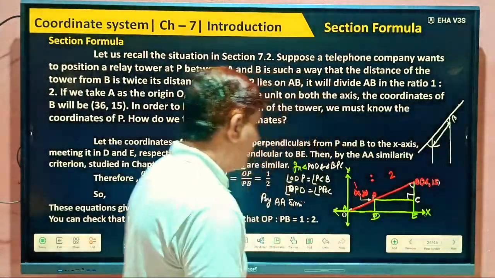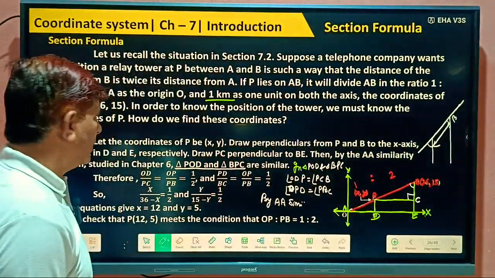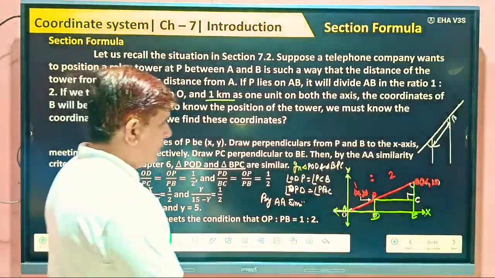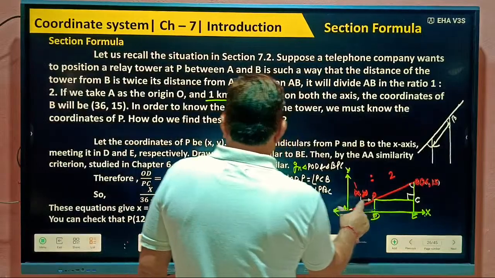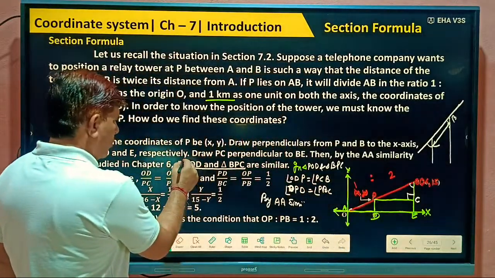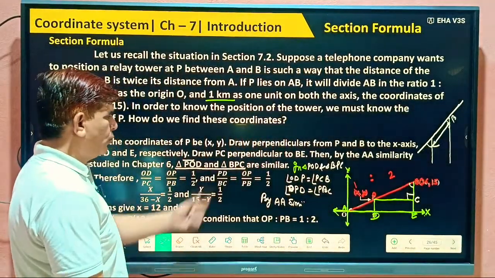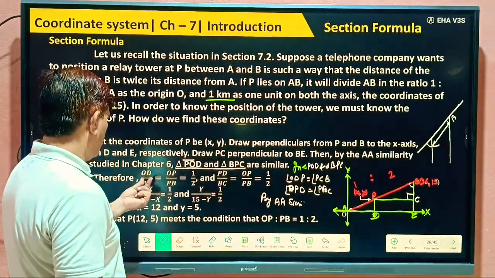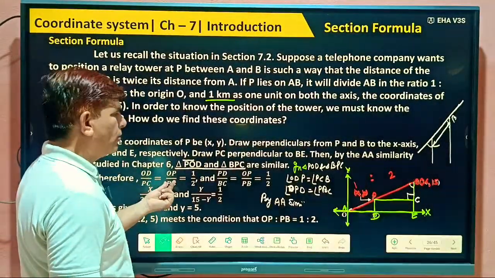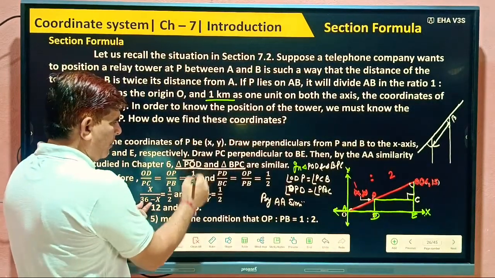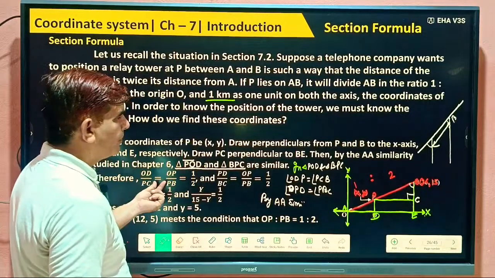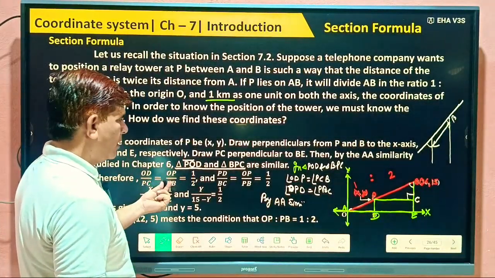If they are similar, it means the sides are in the same ratio. It means PO over BP, then downside OD over PC.